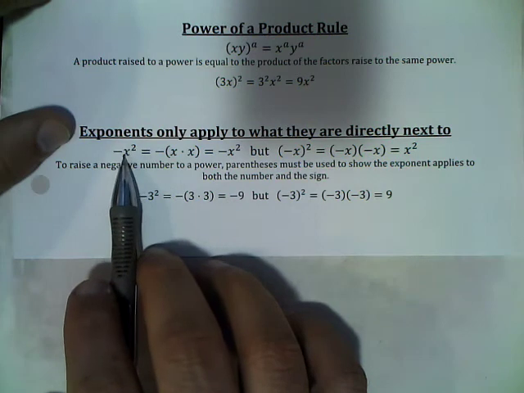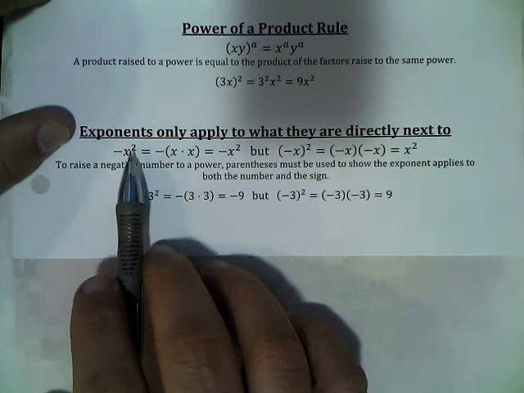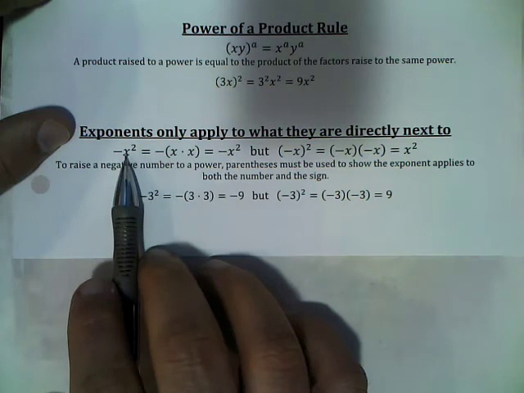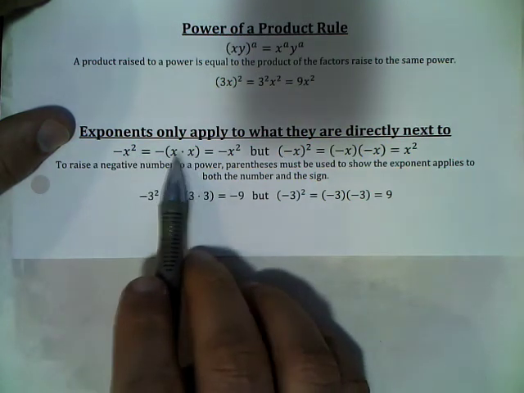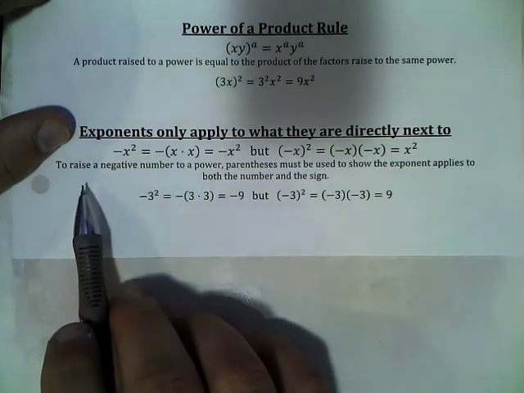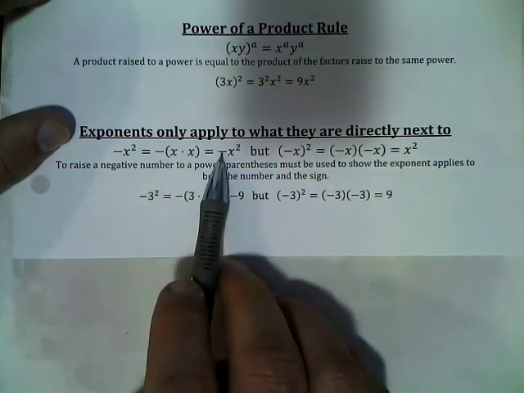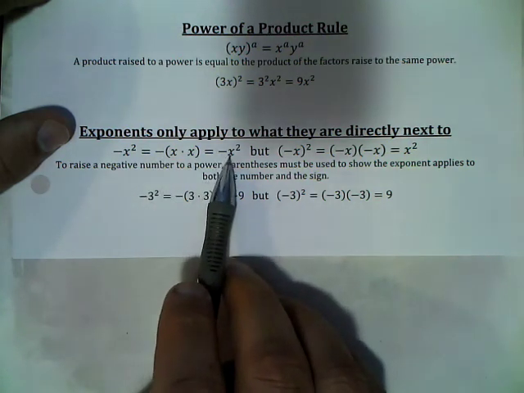So if we were to expand this square here, this 2 exponent is telling me to multiply x with itself. So it would be x times itself, but the negative is just hanging out there. So that negative will tag along to the answer, and we'll be back to a negative x squared.